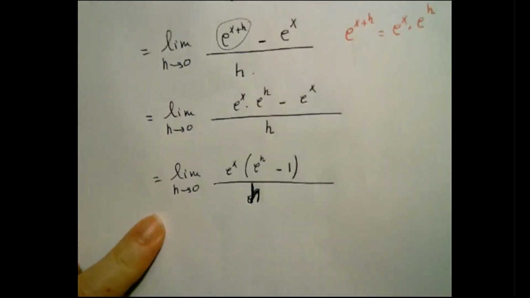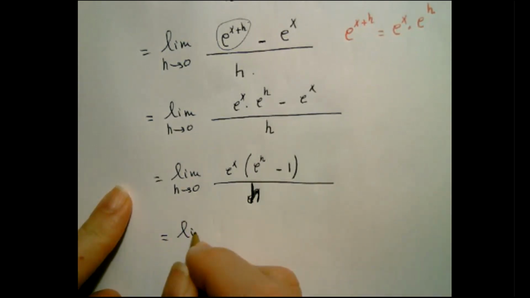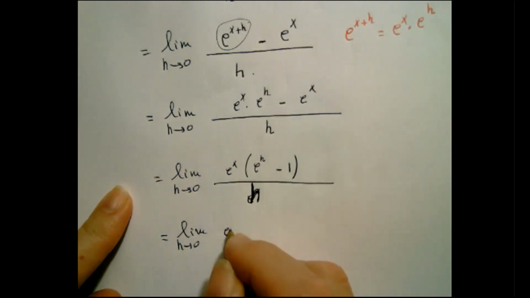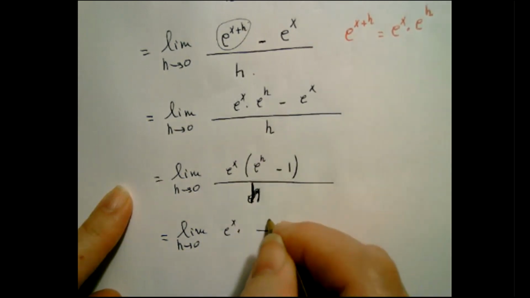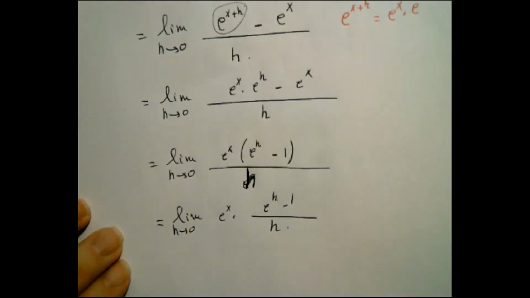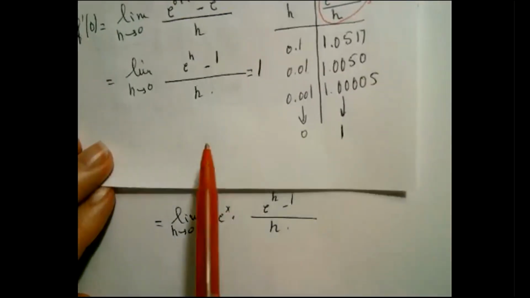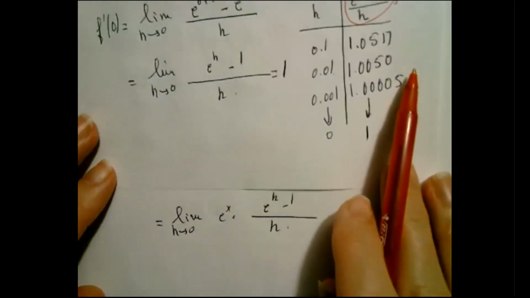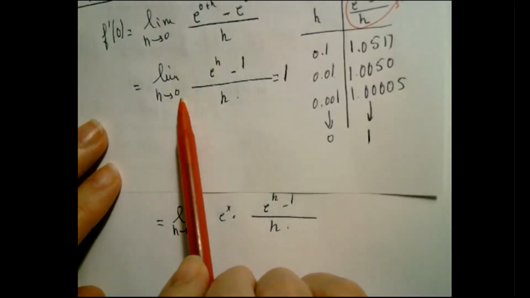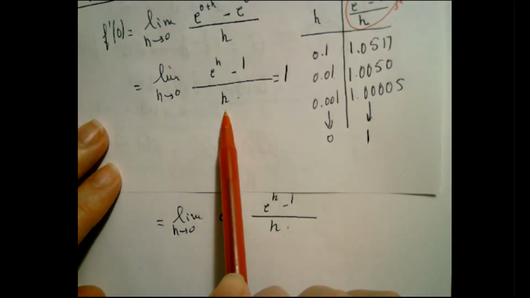Okay, so let's see what this is equal to. We're almost done. As h goes to 0, I can rewrite this as e to the x times this expression. But now, if I go back to what I did a minute ago, when h goes to 0, e to the h minus 1 over h becomes close to 1.